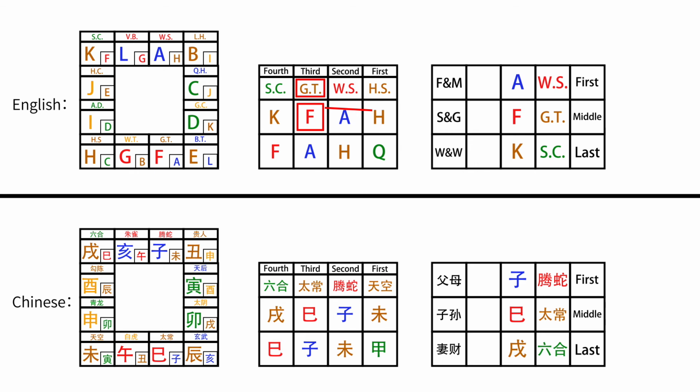The predicted person's parents were very helpful to the predicted person. The three transmissions represent the life experience of the predicted person. The first transmission is the beginning stage of the predicted person's life. The middle one is the middle stage of the predicted person's life, and the last one is the last stage of the predicted person's life.